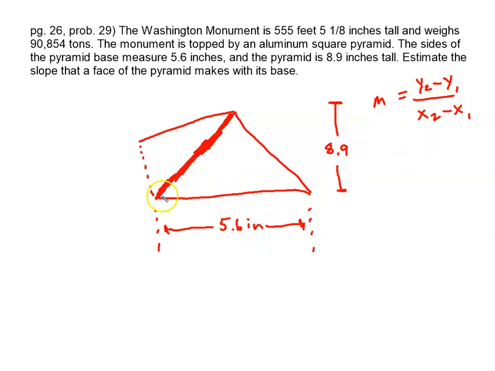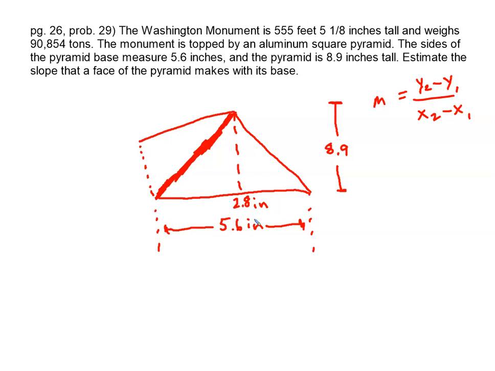One thing I know is that since it's a square pyramid, this peak rests directly halfway above this base. You could think of a perpendicular bisector. And halfway means that this would be 2.8 inches.